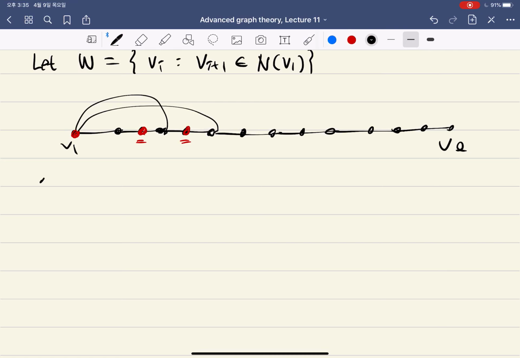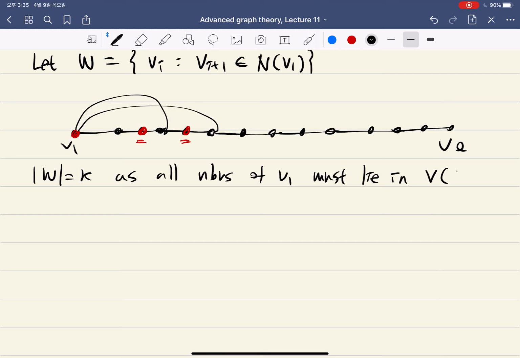And then we know that W has size K, because all neighbors of P1 must lie in the vertices of this P. Otherwise, we get a longer path.